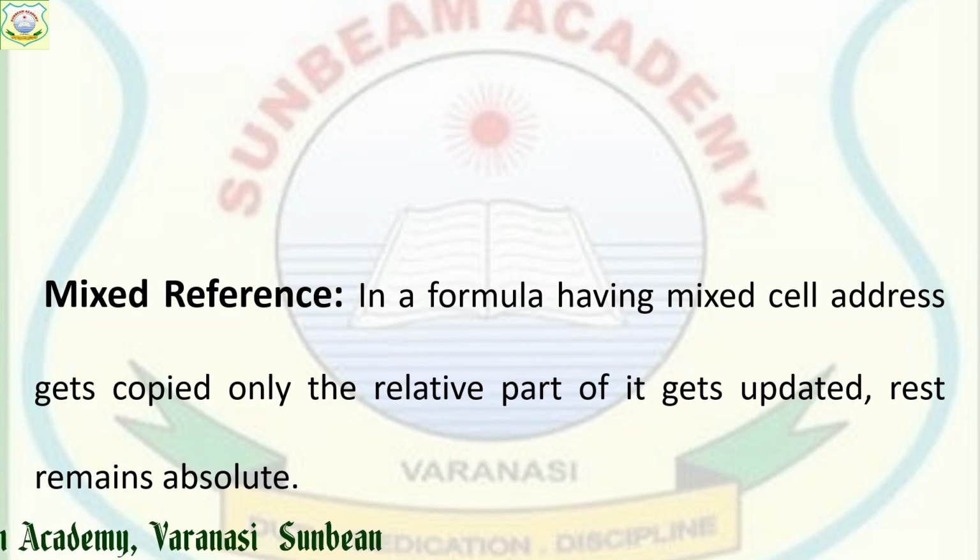When used in a formula, the relative part gets updated while the absolute part remains unchanged. If the dollar is put before the column letter, the column is fixed. If we use it before the row number, the row is fixed.